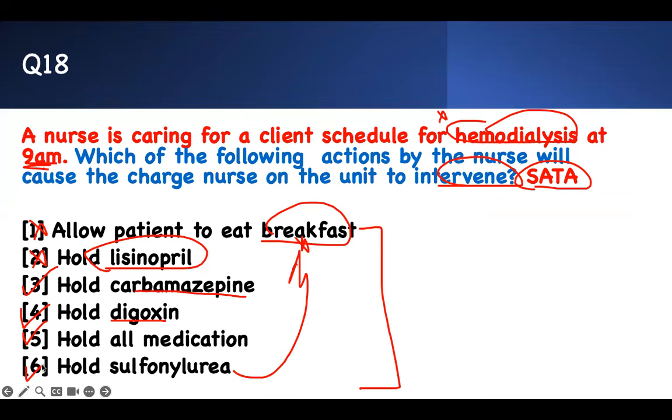So the key thing is they can eat, seizure medication and an antiarrhythmic, those ones you have to give. The most important medication usually you hold is blood pressure because they will become hypotensive. So patient eating, holding this is fine, but holding carbamazepine, this all medication, that is wrong. So I need to intervene.